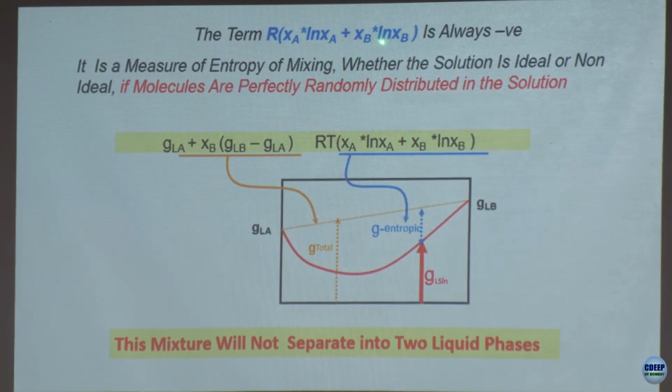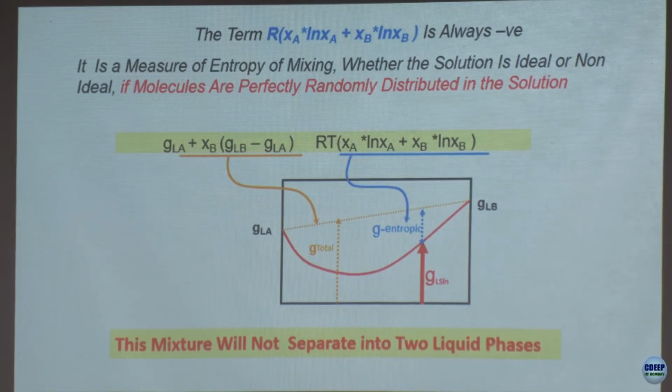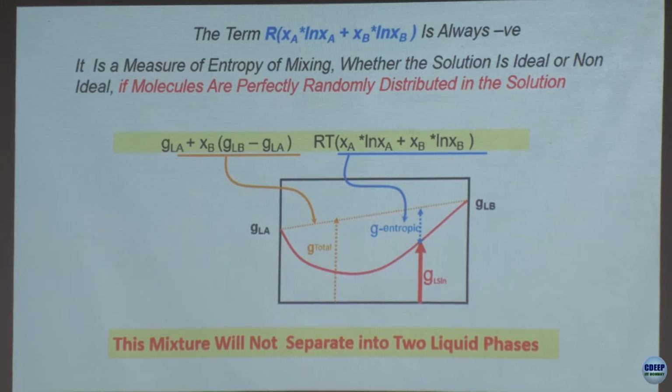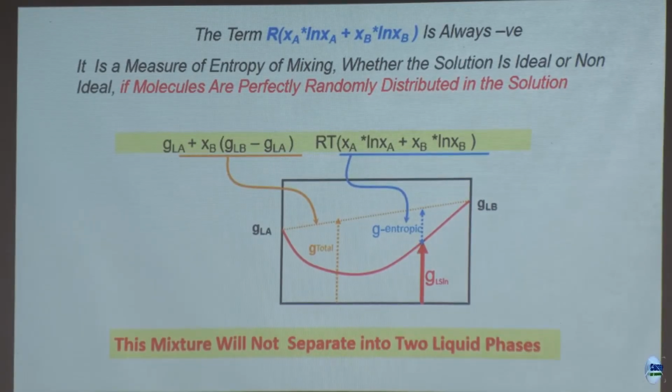In the second term, what you get is only this much. So this is nothing but the S in the definition of Gibbs free energy. So this is the entropy, and it's a measure of entropy of mixing, whether the solution is ideal or non-ideal, if molecules are perfectly randomly distributed in the solution.